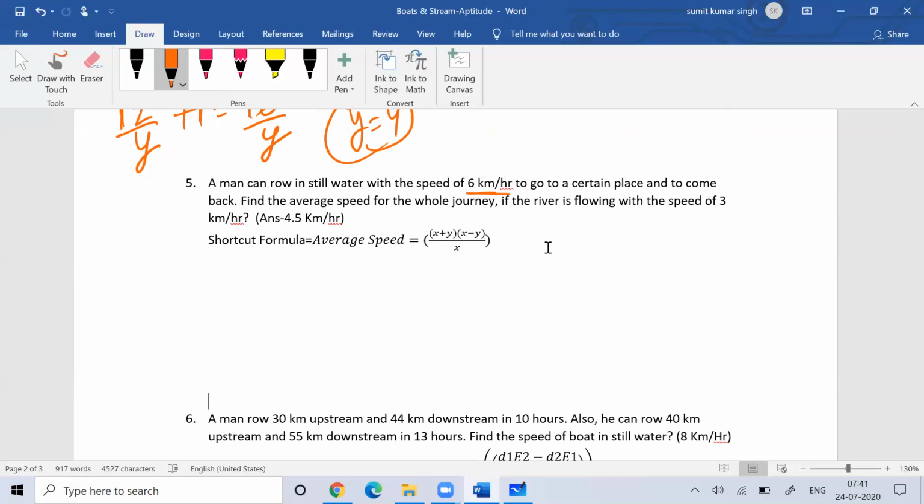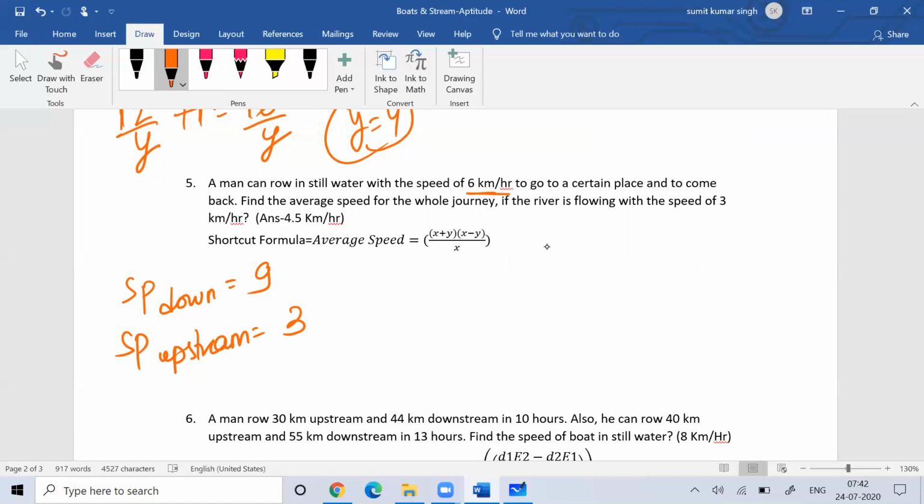So the speed downstream is 9 kilometers per hour, and the speed upstream is 3 kilometers per hour. They're asking you the average speed.